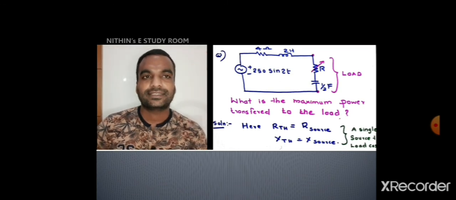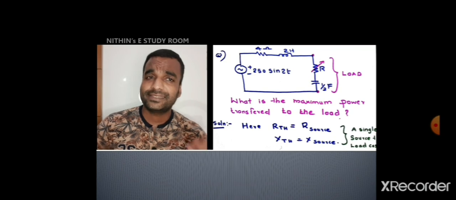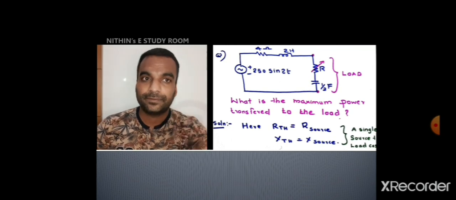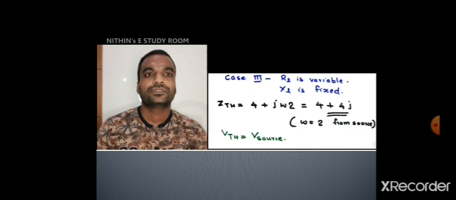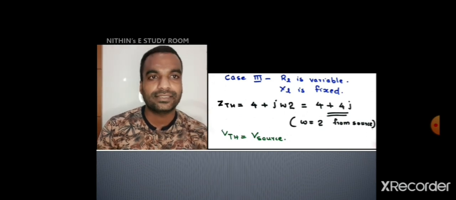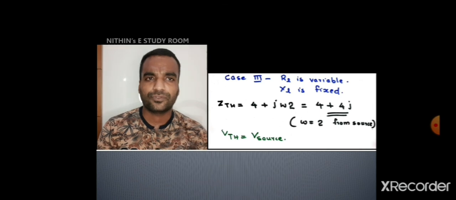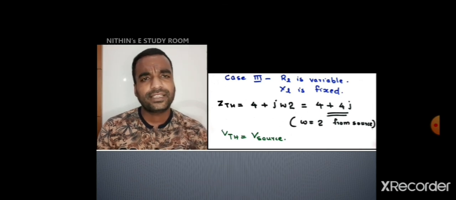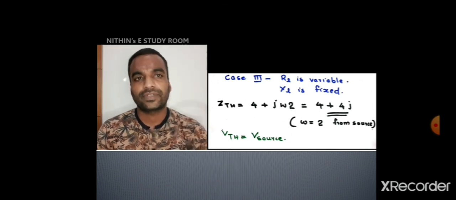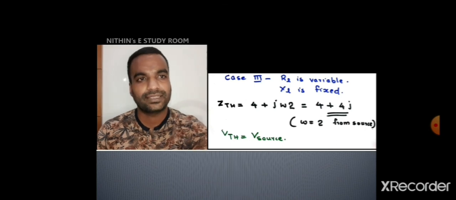So X is L omega, that is 2 into 2, and as it is inductive you have to use plus j. So now ZThevenin is equal to 4 plus j omega 2, that is 4 plus 4j. And VThevenin is nothing but the V source itself, the source voltage itself in such a problem.